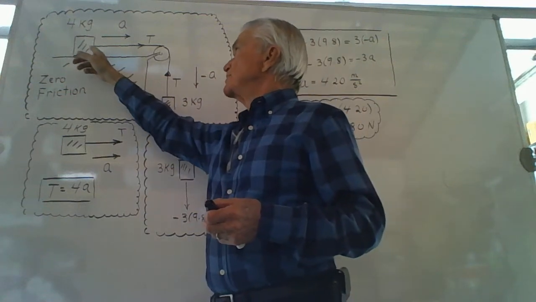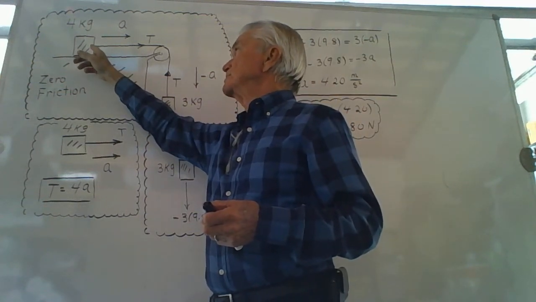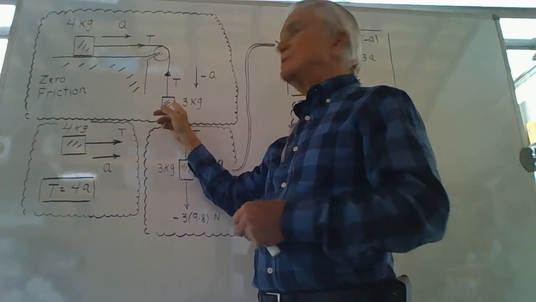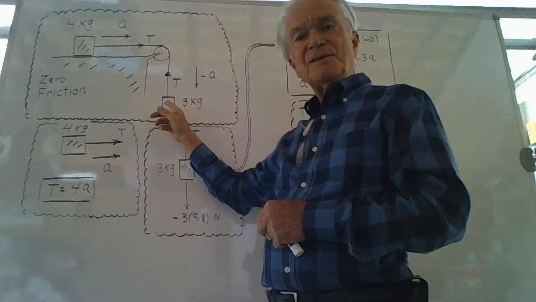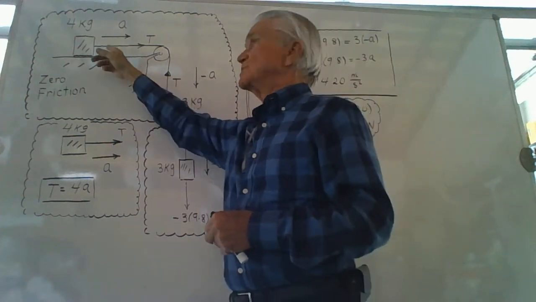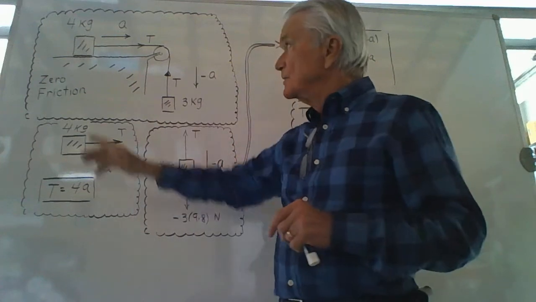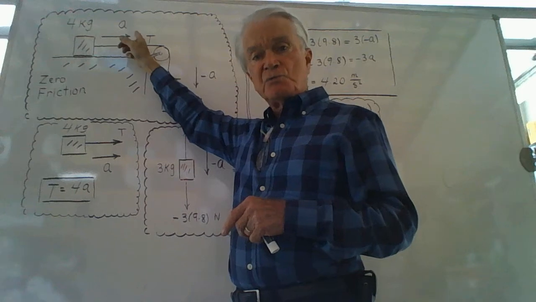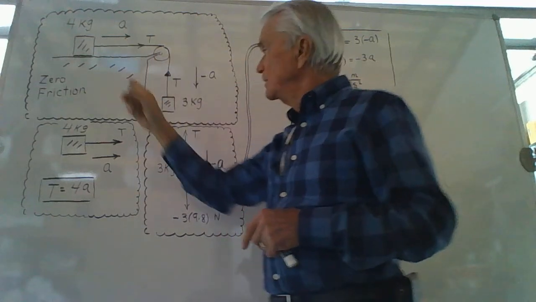Whatever the acceleration of the block is at any instant on the tabletop, same acceleration for this object, except this object's acceleration, while it'll be the same number, this acceleration, A, is a positive number because it's accelerating to the right in the positive direction.